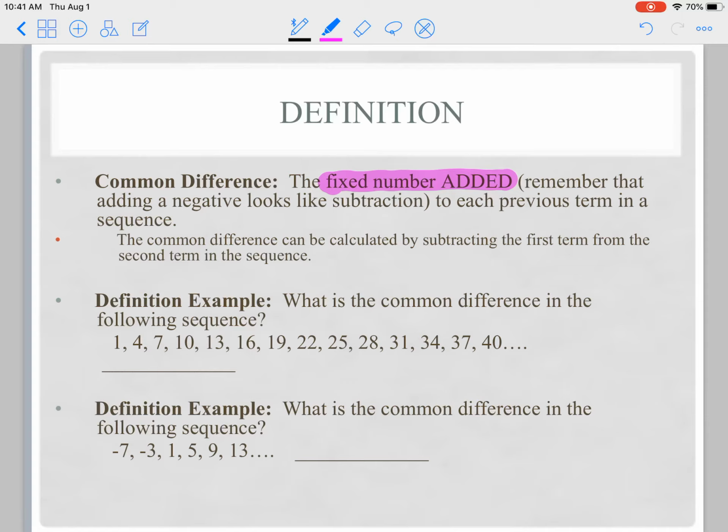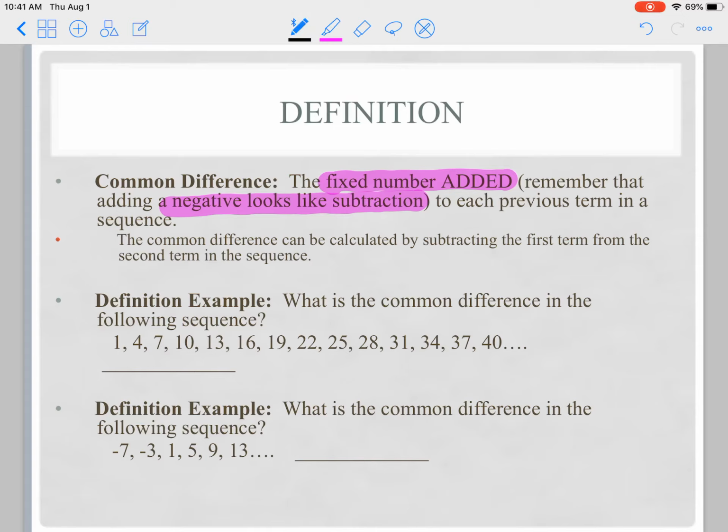Now, keep in mind that if our common difference is a negative number, that negative number is going to make our sequence look like we're subtracting, because the numbers are going to get smaller as we go from left to right. And then this little note right here says that the common difference can be calculated by subtracting the first term from the second term.